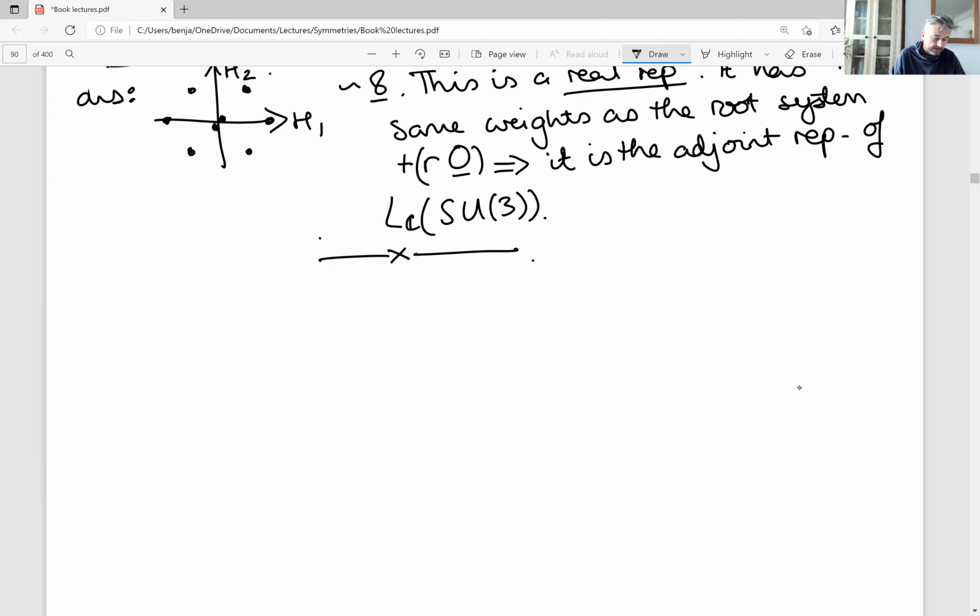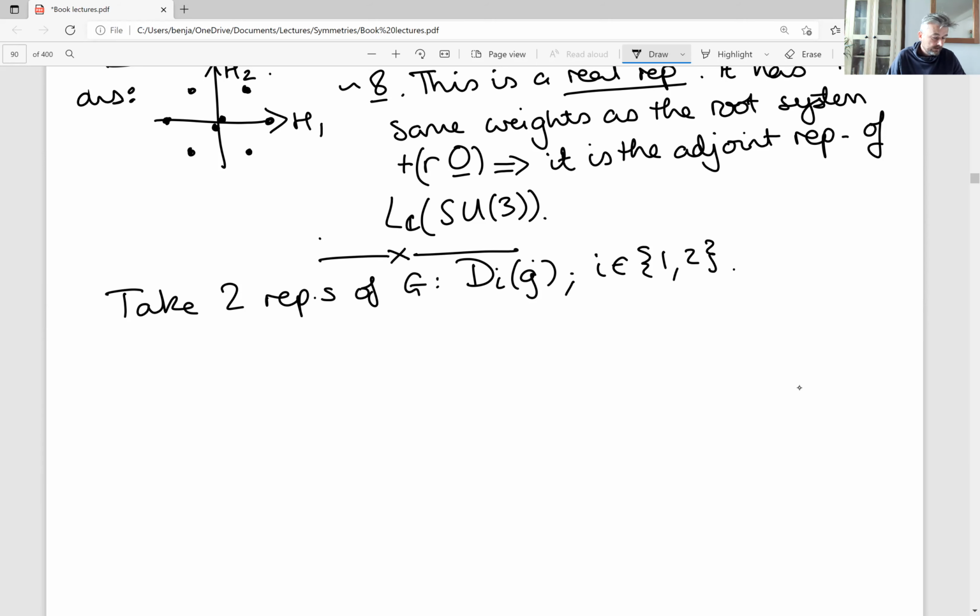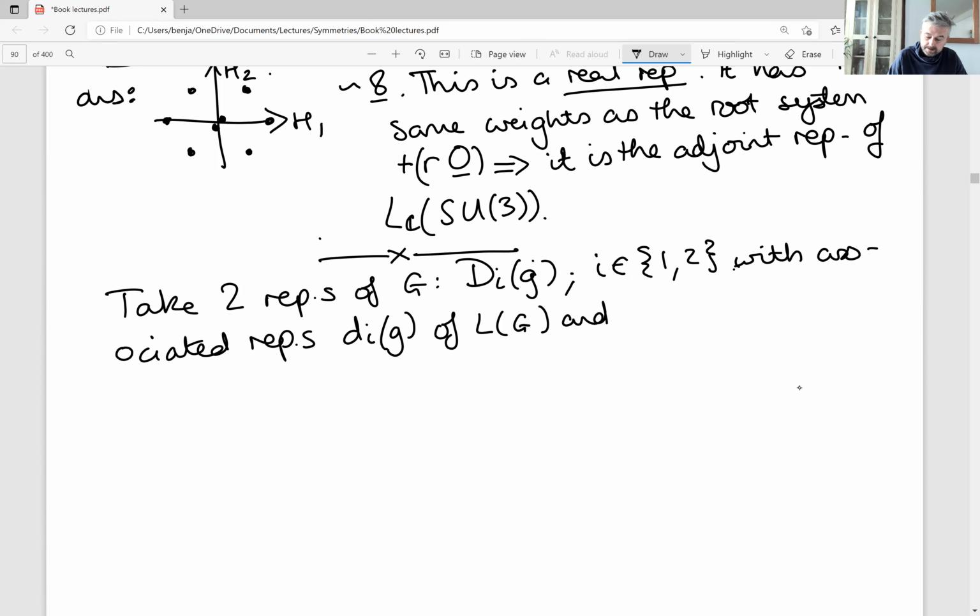Let's take 2 representations of the group, D_i of G, where i is 1 or 2, with associated representations of the Lie algebra, and representation spaces V_i with weights lambda_i.